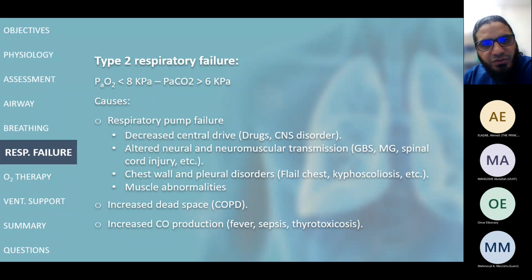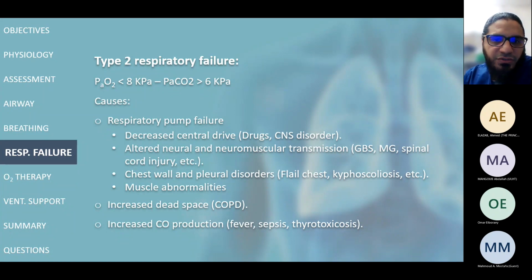Unless it's something not related to the lung itself. Like if you look at the causes there, the first thing is what's called respiratory pump failure. So the lung is not exchanging air as it should be, and the problem is not in the lung itself.